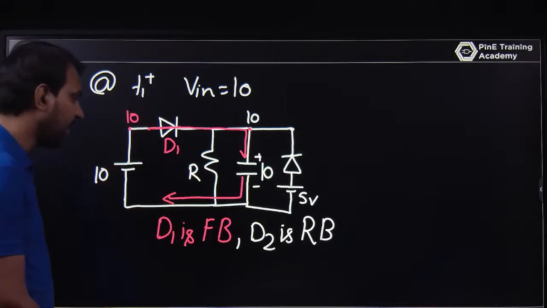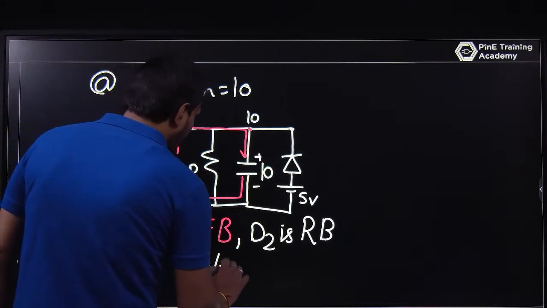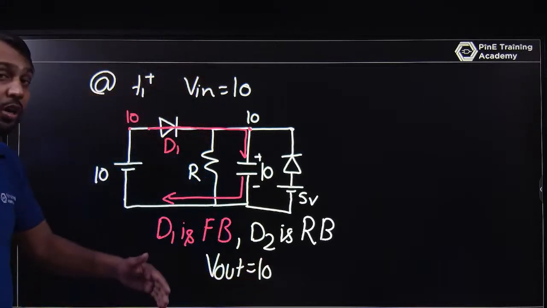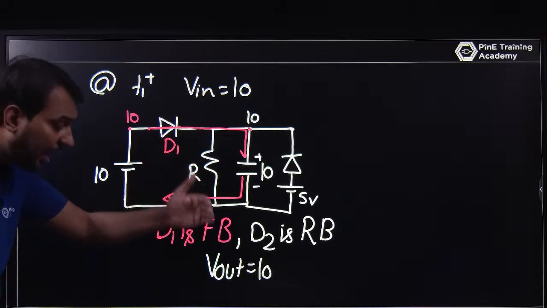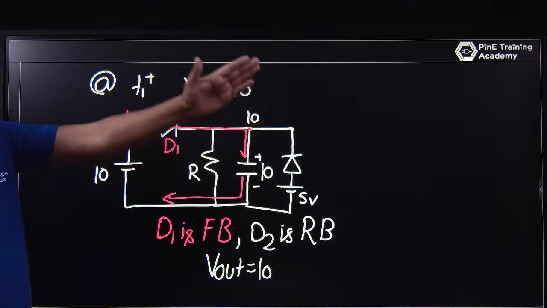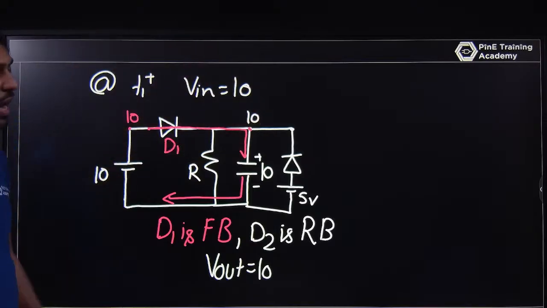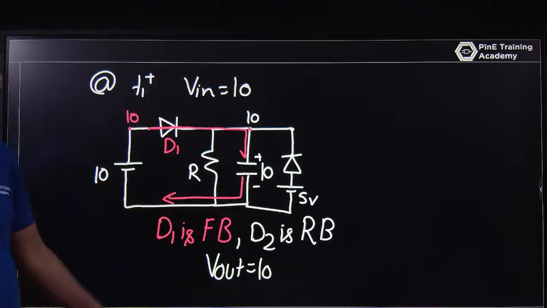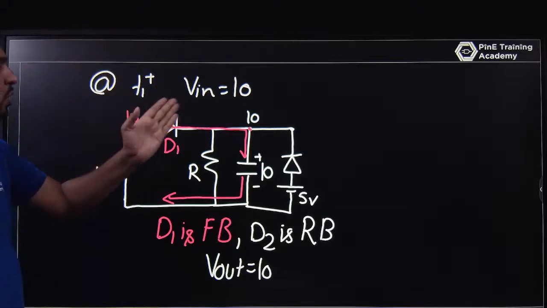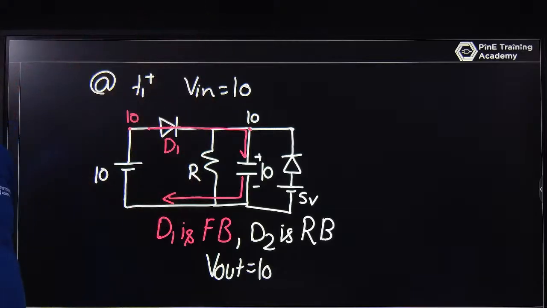The capacitor does not change suddenly, it changes gradually from 5 volt to 10 volt, and here tau is nearly 0 because there is no resistance here. Practically, tau is nearly 0, so the capacitor gradually changes from 5 volt to 10 volt, and it will be 10 here.